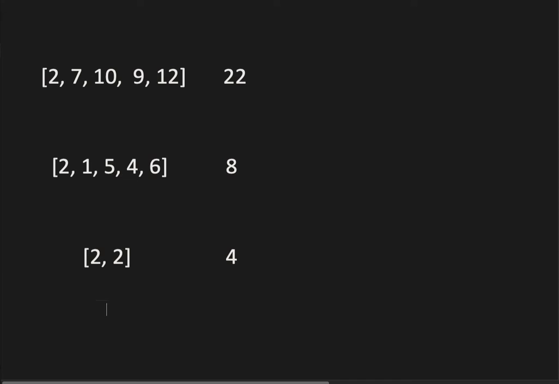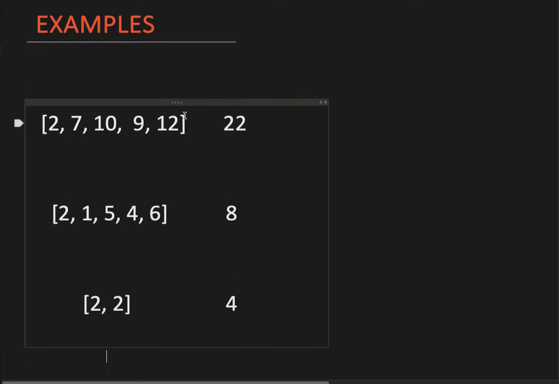Okay, so now let's see some examples to have a better understanding of the problem. For our first example, we have 2, 7, 10, 9, 12, and we have 20. The answer here is 10 and 12 because 10 plus 12 is equal to 20. But we need to return their indices.